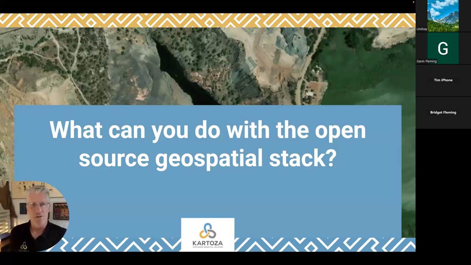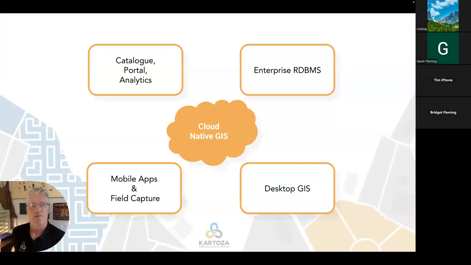Right, what can you do with the open source geospatial stack? Stack is the components that make up the system. It's a bit of a jargon term, but you'll see it appear several times. And we see these blocks as the main components of a modern geospatial system, or GIS, Geographic Information System.